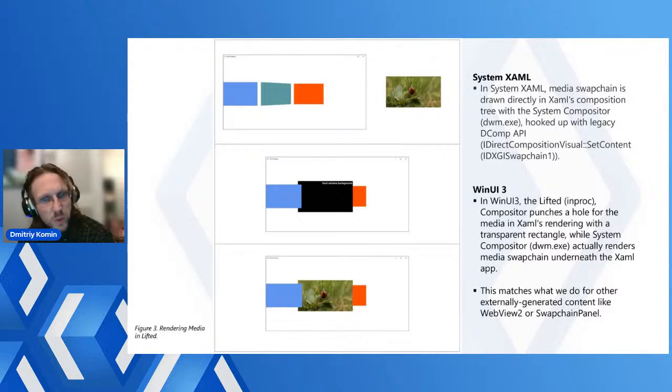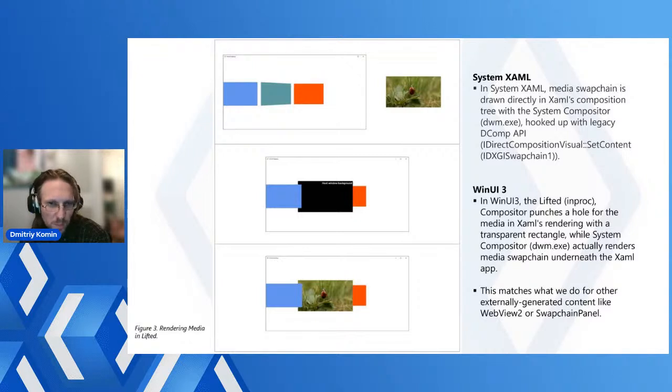In WinUI 3, we have only the lifted compositor, which doesn't know about content outside of that app. So what we do for these situations is we use the lifted compositor to draw a transparent rectangle in the media location.